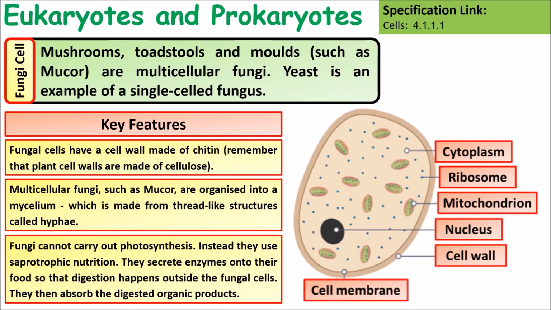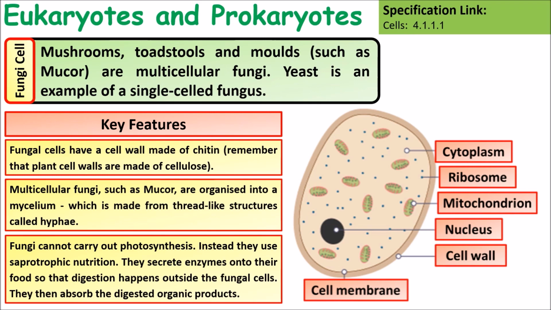If we look at fungi, so these are things like mushrooms, toadstools, yeast. So some of the key features of fungi is that fungal cells have a cell wall made out of chitin, so not cellulose. They can be multicellular.